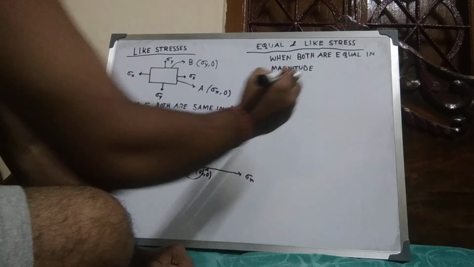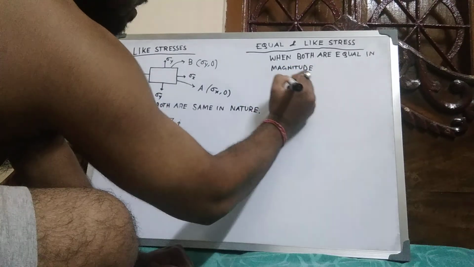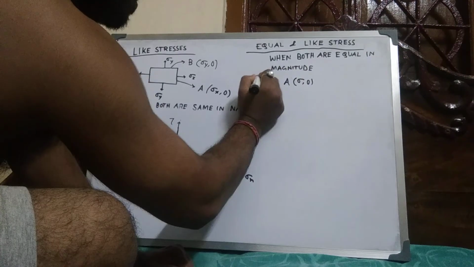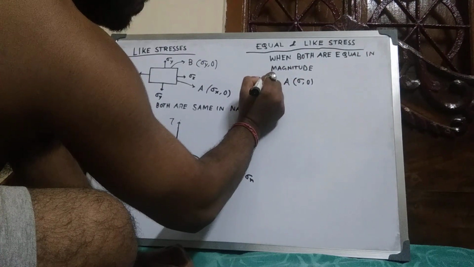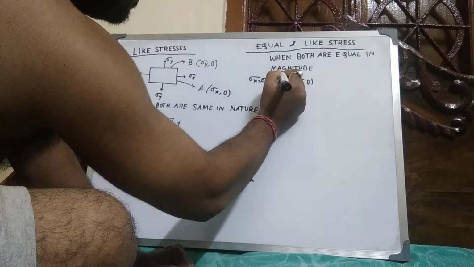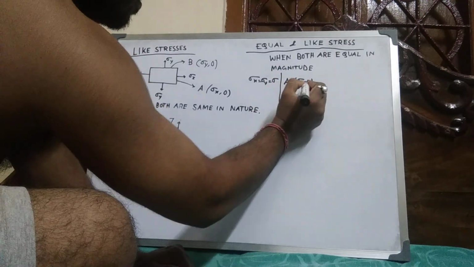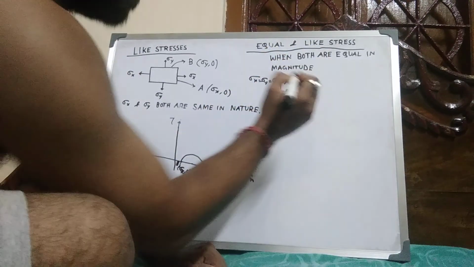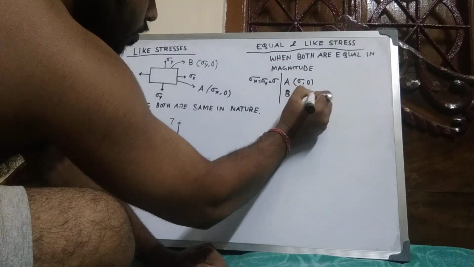Suppose sigma x and sigma y are equal to sigma, then plane A and plane B are both sigma comma 0.